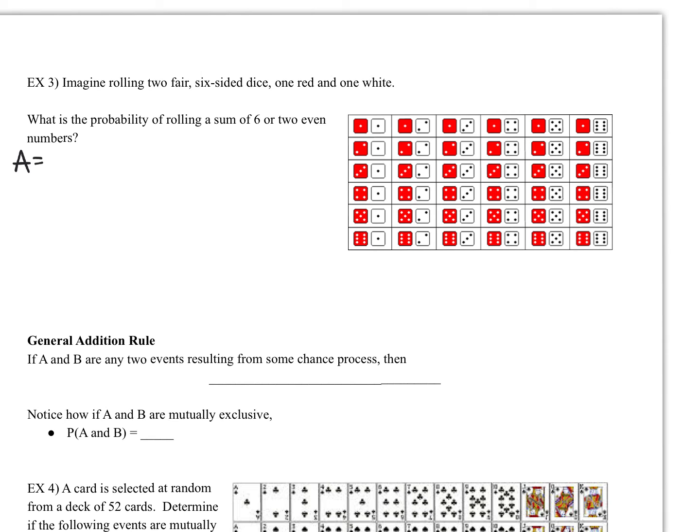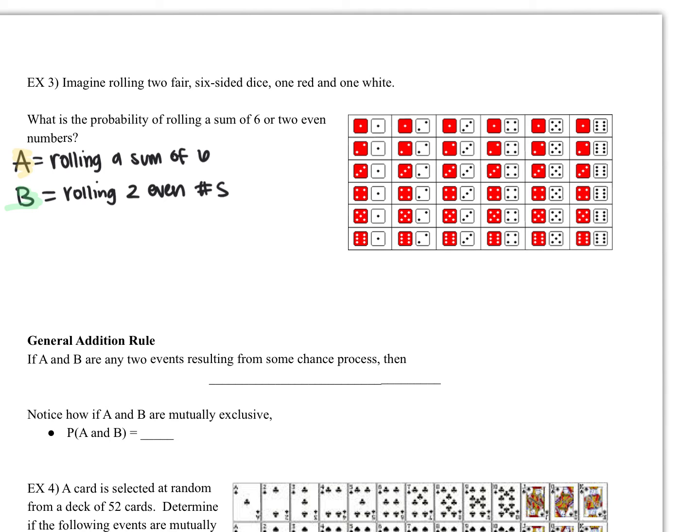So A is going to be rolling a sum of 6. B is going to be rolling 2 even numbers. Okay. Going to use yellow for sum of 6 and green for my 2 even numbers.